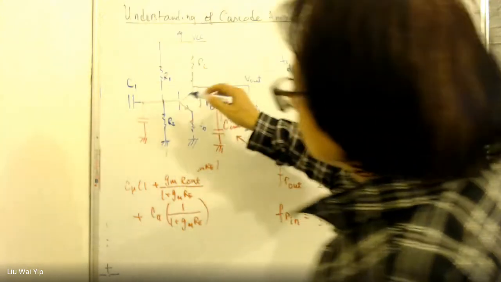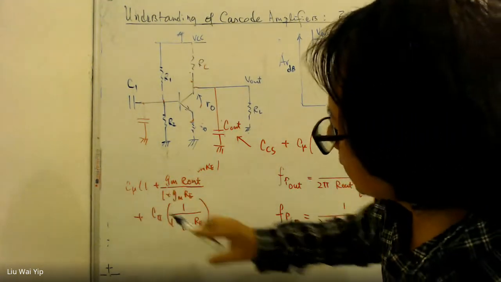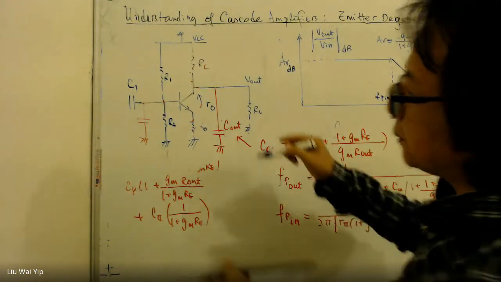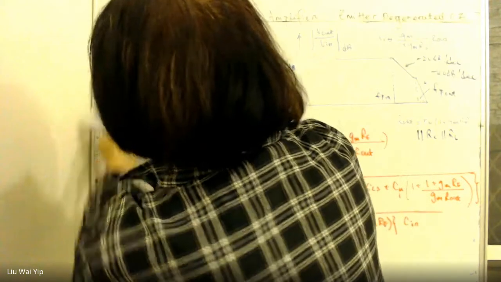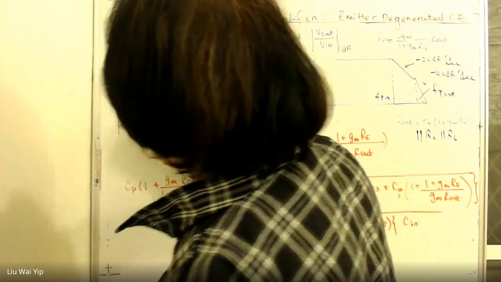And this C1 will be much, much larger than C in and C out. The wire itself also carries some resistance, R_S.